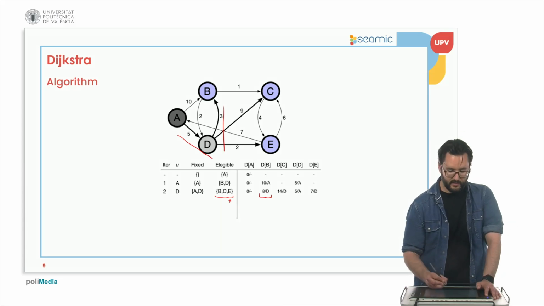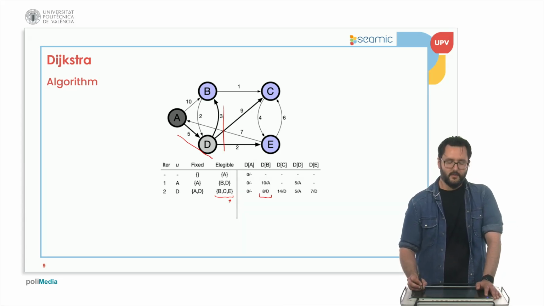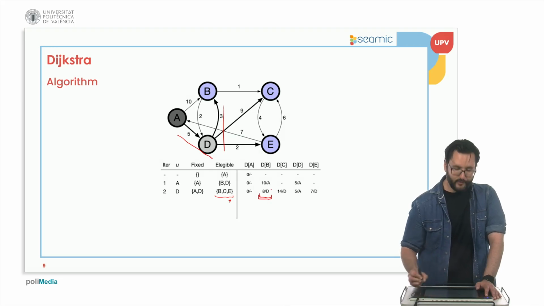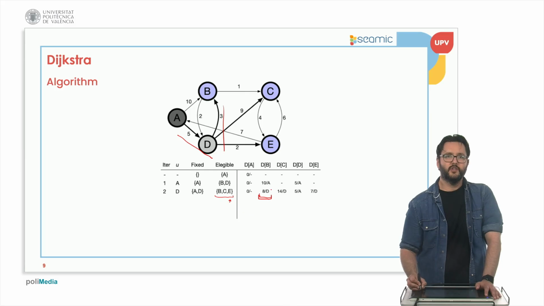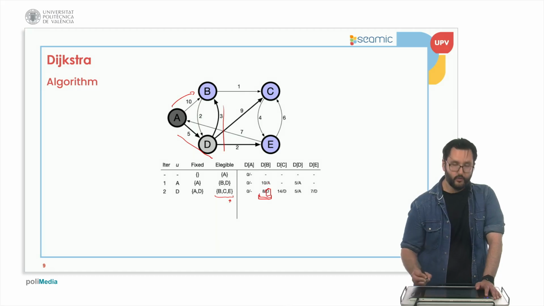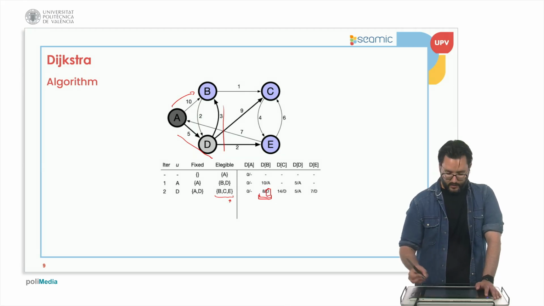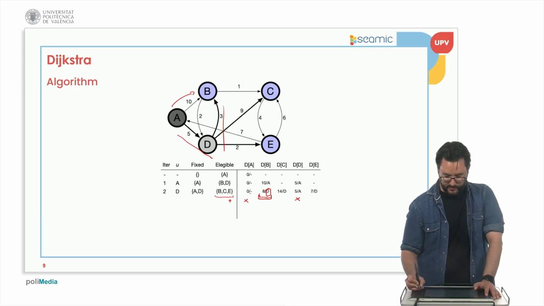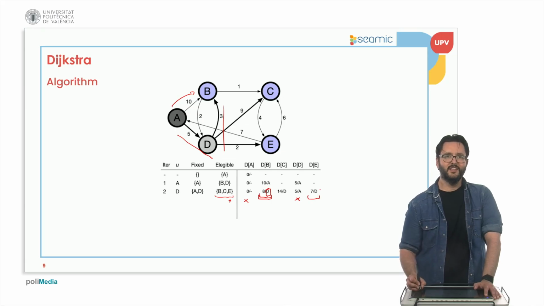In this case, a cost of 8, where we had a cost of 10 going directly to B. In this case, we are marking here that we are going through D. Now we have to pick the closest path. D is already in fixed, A as well, so we can select the node E.